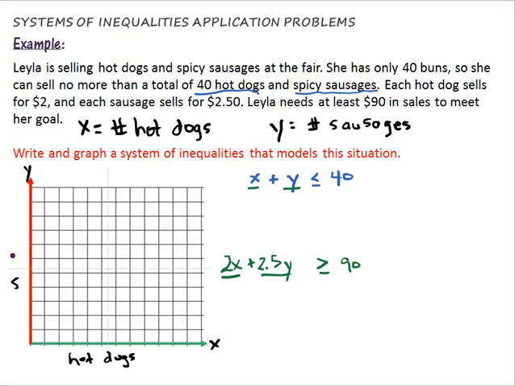That's my first step. The second thing is I want to look at the graph of this. To graph it I have to put each of these in y equals slope-intercept form. So I'll move my x over and I get y is less than or equal to negative x plus 40. On my other one, I'm going to move the 2x over and I get 2.5y is greater than or equal to negative 2x plus 90, and then I have to divide everything by 2.5.